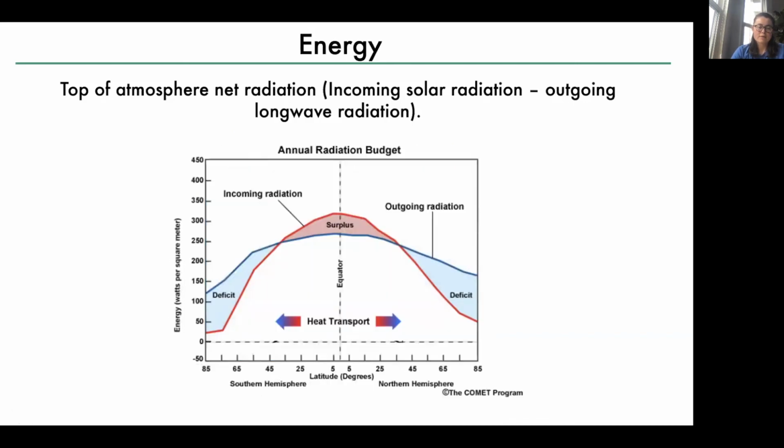And so that pattern of energy coming in, going out, leads to heat transport from the equator, from the tropics, towards the poles. And so a lot of what the fluids in the climate system, so the atmosphere and the ocean, are doing is redistributing the energy, the heat in the climate system from the low latitudes, from the tropics, towards the mid and high latitudes, or towards the poles.